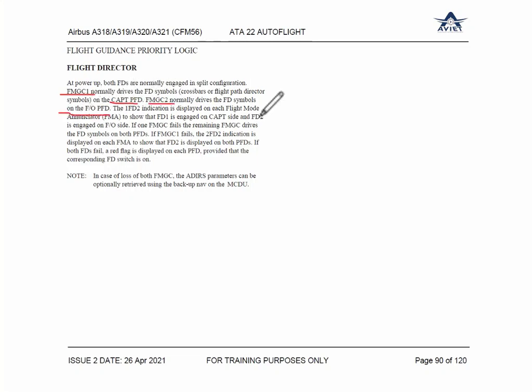That is the split configuration. One FD2 indication is displayed on each FMA, flight mode annunciator.